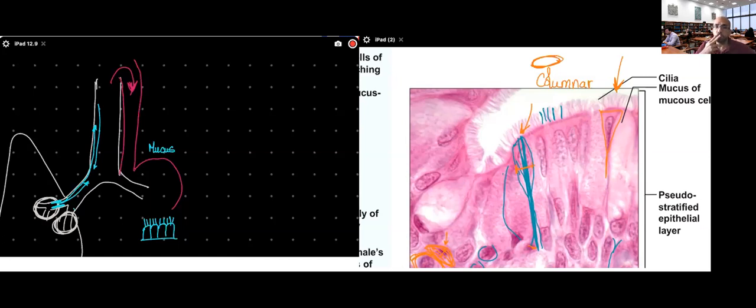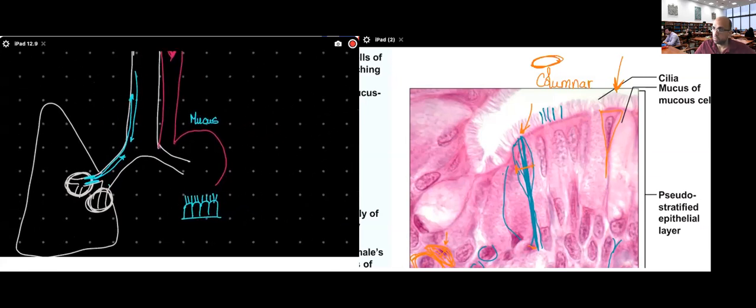So what happens if a person is smoking? The cigarette smoke will be inhibiting the motility of the cilia. And if I have an inhibition of the motility of the cilia, what's going to happen? I will be accumulating mucus inside of my airways. And if this mucus is not moving, this creates a favorable medium for the bacteria to grow.